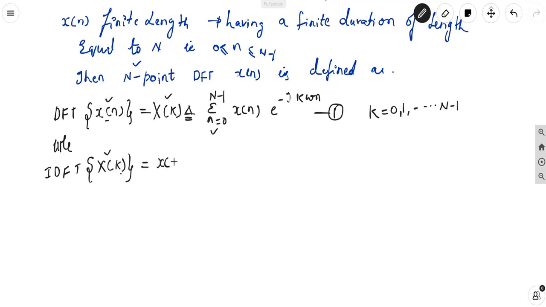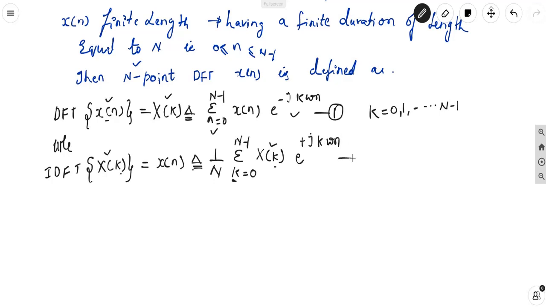So the time domain signal is x of n. By definition, we have n number of samples, so it is 1 by n summation k equals 0 to n minus 1 of x of k, as the input is x of k, e to the power of plus j k omega n.